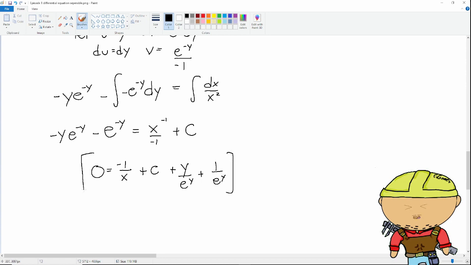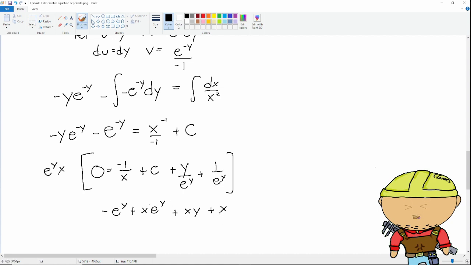We now multiply this by e raised to y and x to eliminate the denominator. So this will become e raised to y negative plus x e raised to y plus xy plus x.